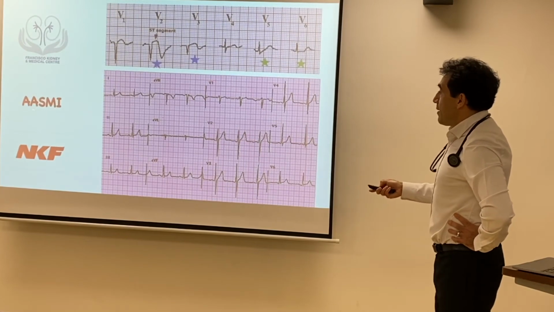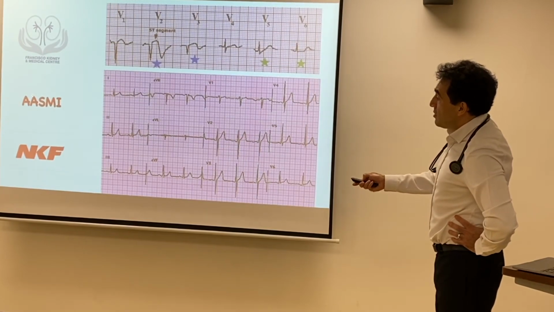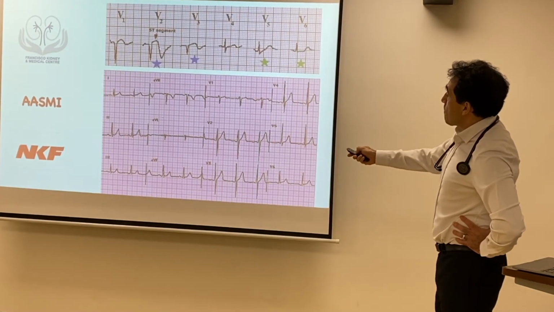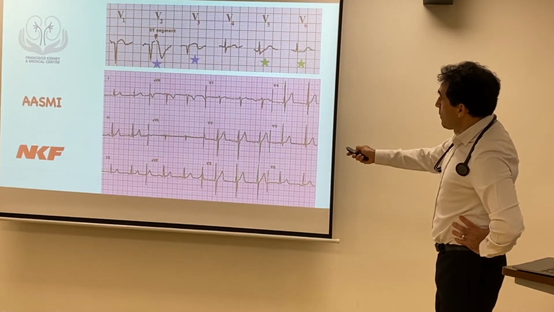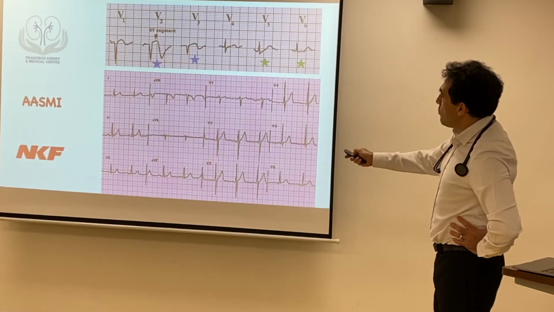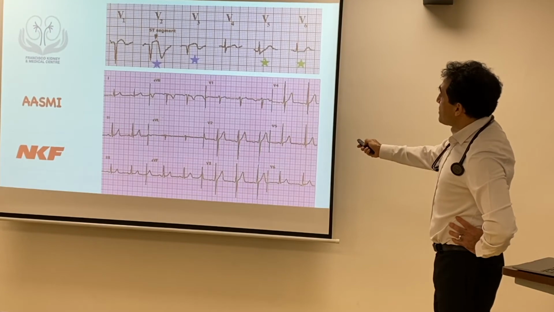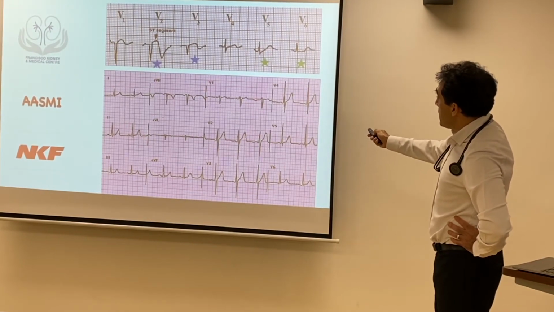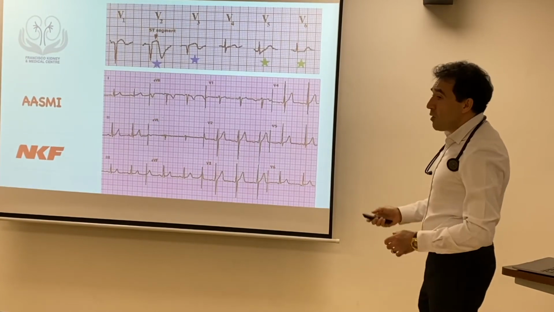This is an anteroseptal infarction. It's also acute. You can see it in V1, V2 and V3 mainly, and V1, and the reciprocal changes. The ST depression happens in V5 and V6. Why?